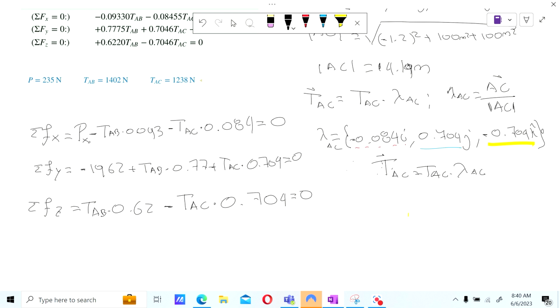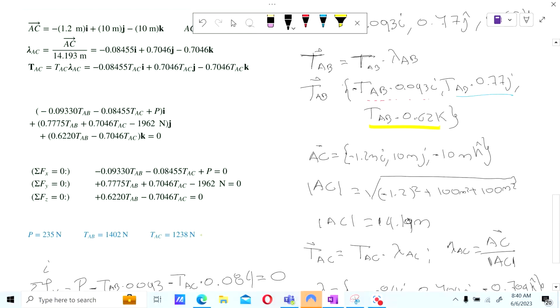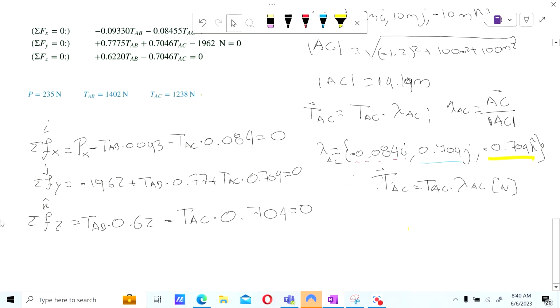One thing to notice is that I didn't put i, j, k because this is i, this is j, and this is k. The other thing is that I didn't put the units, but by now we know that all this is in newtons, and the tension here is in newtons. So all these lines are in newtons.